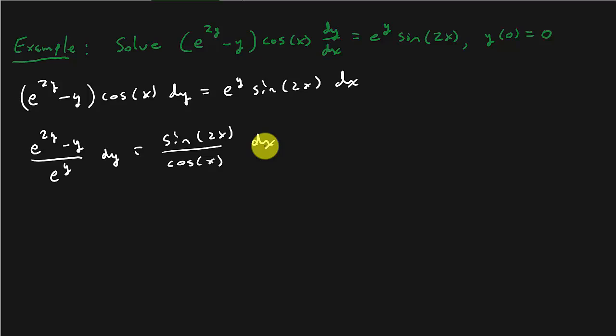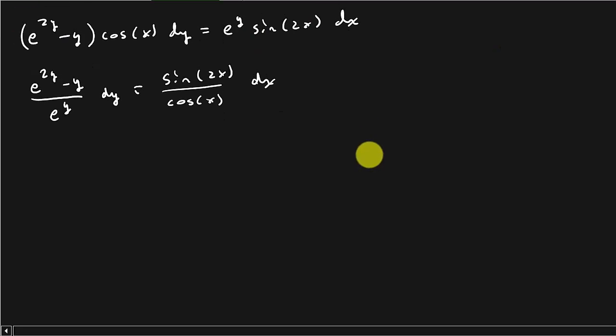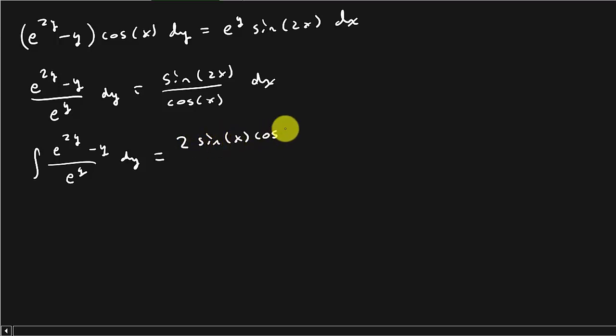Okay, so let's see what we're going to do here. We've got this e to the 2y minus y over e to the y dy equals, now look at this, we've got sine 2x and cosine x. Well, we can write the numerator as 2 sine x cosine x, right?